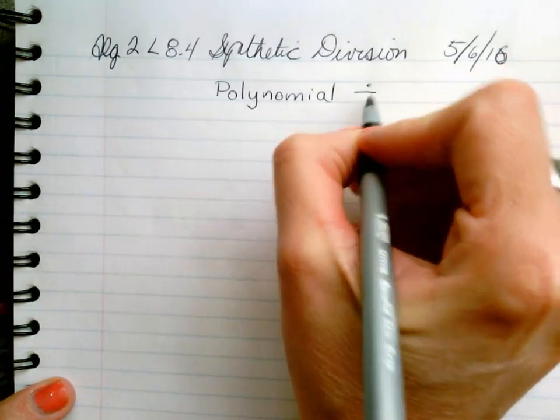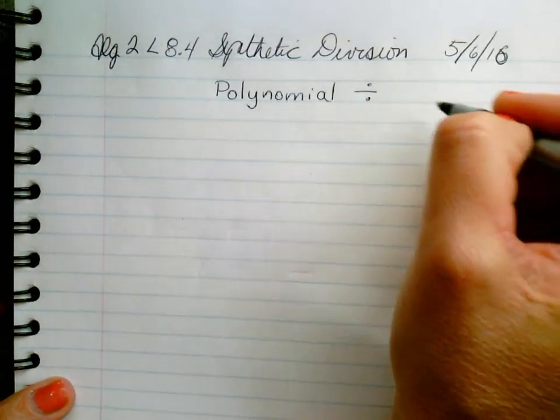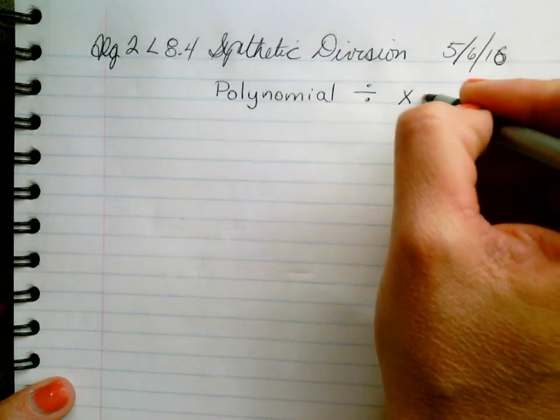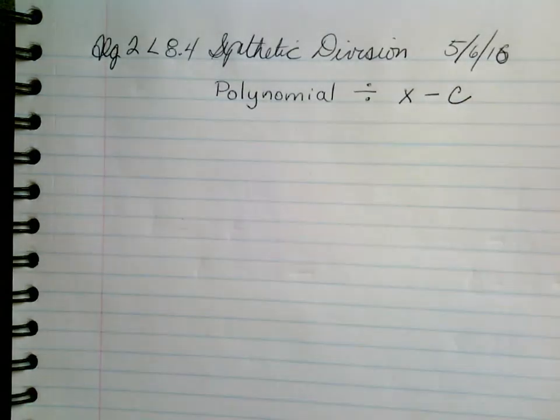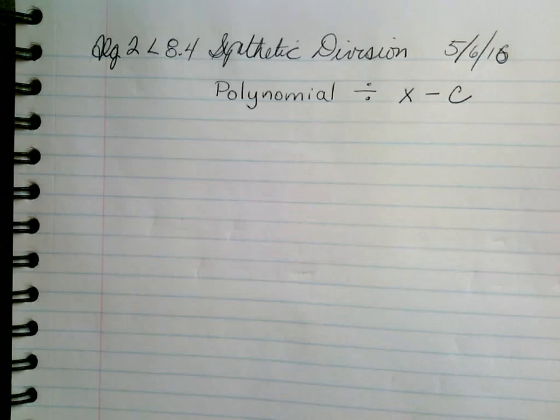and you are dividing it by a variable minus a number, whatever the number is, you can create a synthetic division, or artificial, synthetic meaning artificial, shortcut to the division that will still end up bringing you back to the same answer.